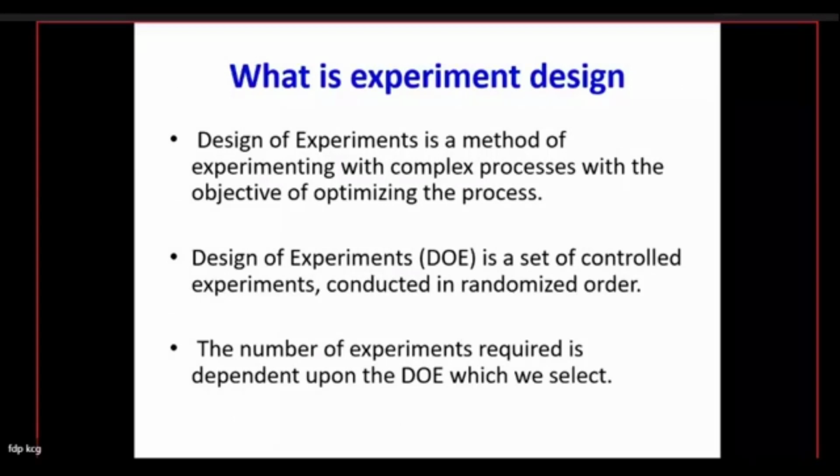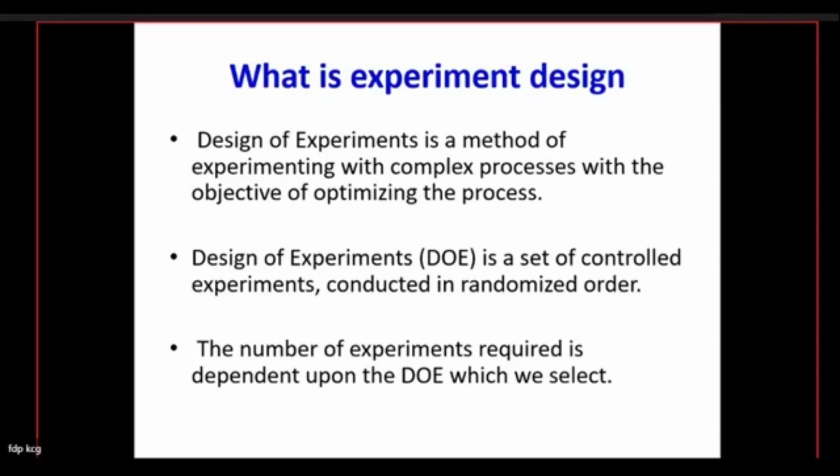Either you are dealing with plants, animals, or microorganisms, their metabolic activity as well as their physiology is affecting the process, and many of these parameters we are not able to control, and the process becomes more and more complex. So experiment design is formulating the experiment to deal with complex processes with the objective of optimizing the process, where we can get the best production, the best response in terms of the product.